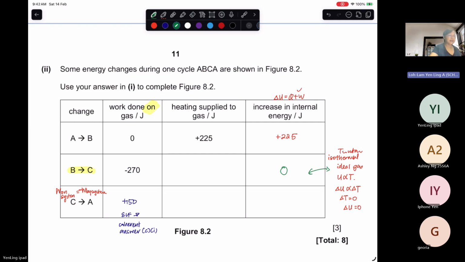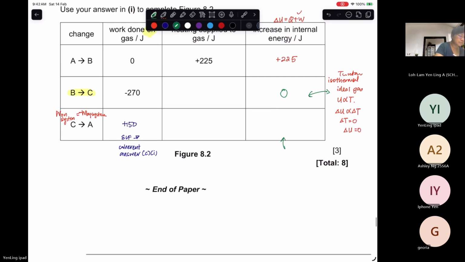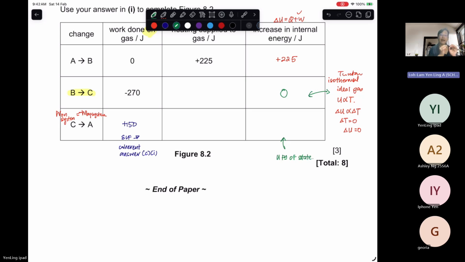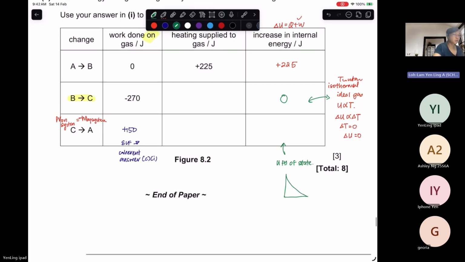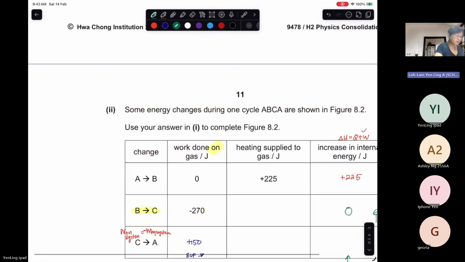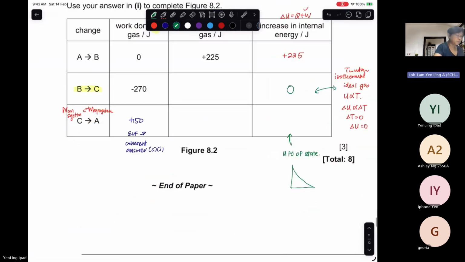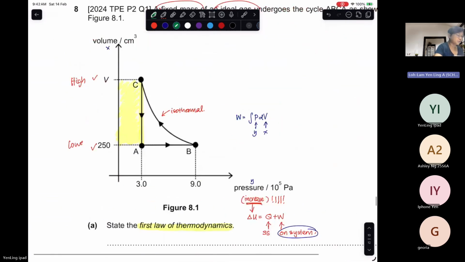And then the last one, U is a function of state. That means every single point on the graph has a unique U. All right, so if I do a process in which it comes back to exactly the same point, if I go A to B to C to A, I come back to the same U_A.